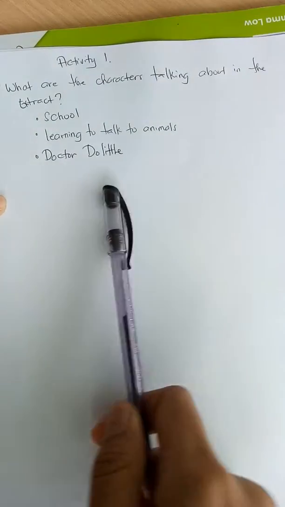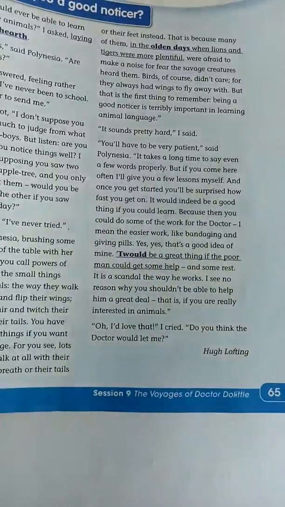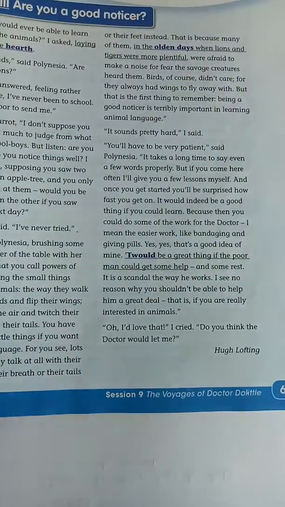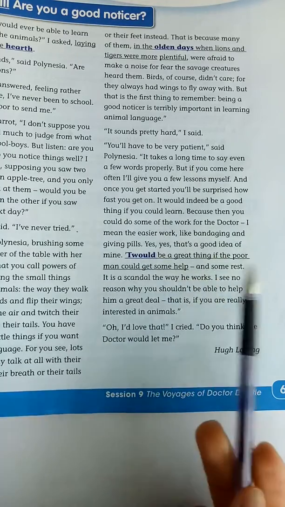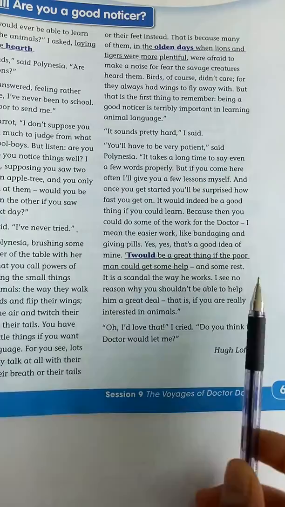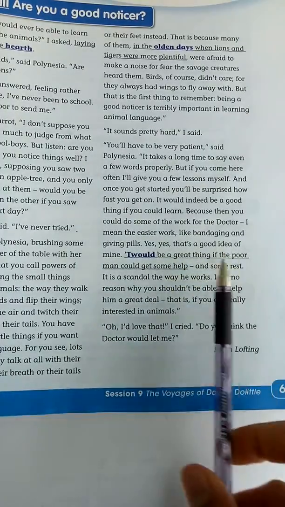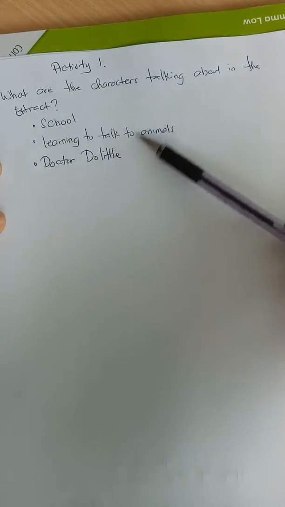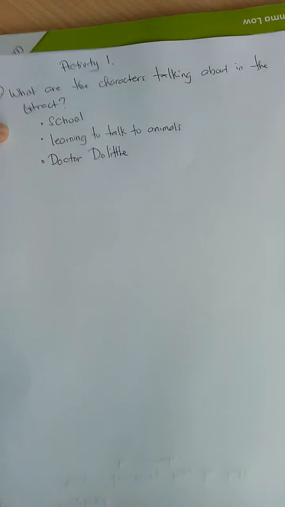The third one, they talk about Dr. Dolittle. So on this paragraph here, at the last paragraph, you will see they're talking about the work of Dr. Dolittle and how the boy Tommy Stubbins can help Dr. Dolittle. So these 3 are the answers for our question number 1.